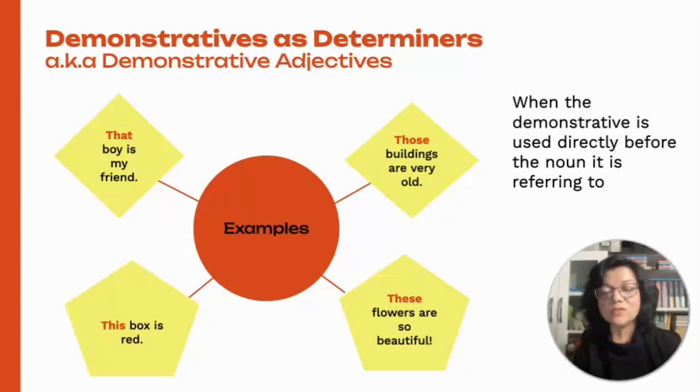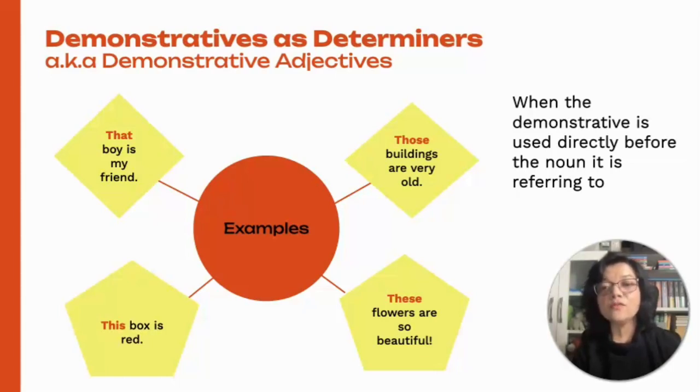Therefore, this is used as a demonstrative adjective or determiner for the noun box. Moving clockwise, you have the example, "That boy is my friend," where that is used right before the noun boy, and therefore that is functioning as a demonstrative adjective or determiner for the noun boy.